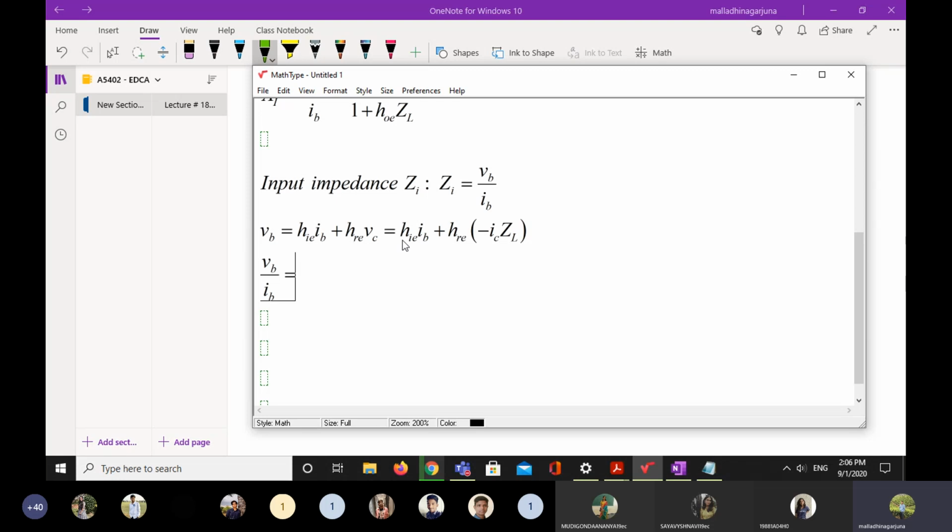So VB divided by IB equals HIE plus HRE into minus IC divided by IB.